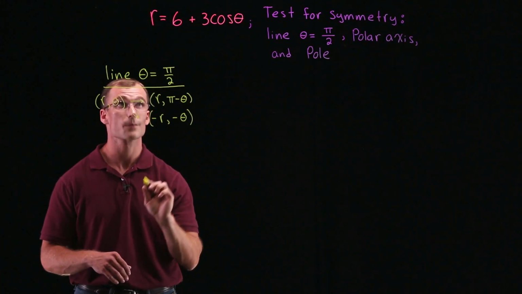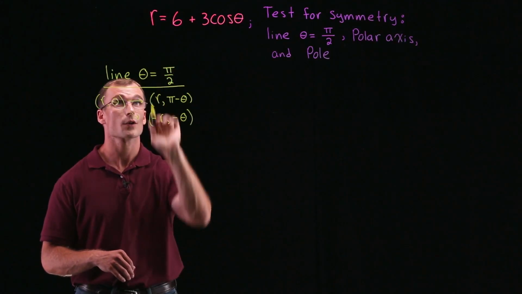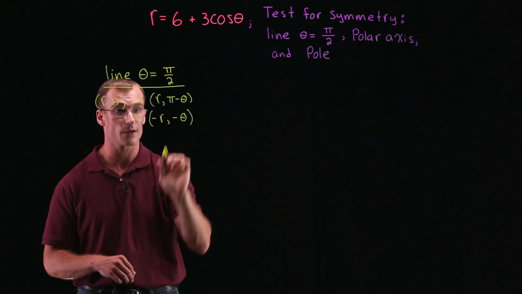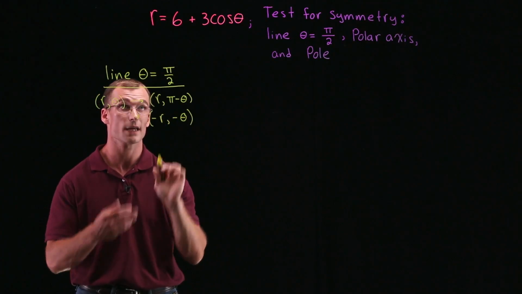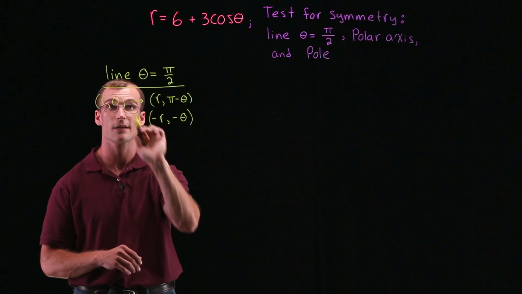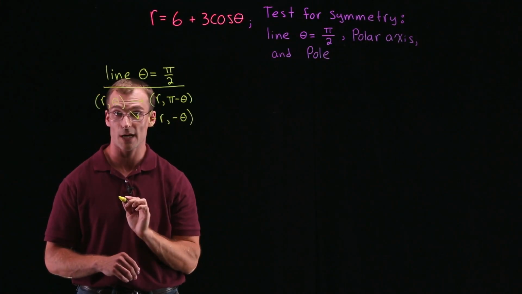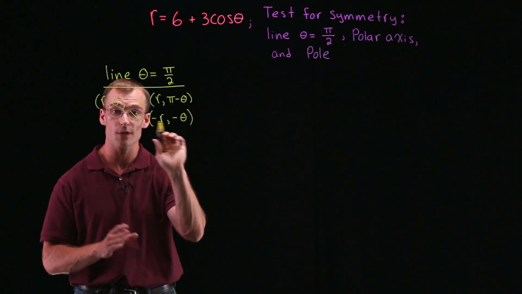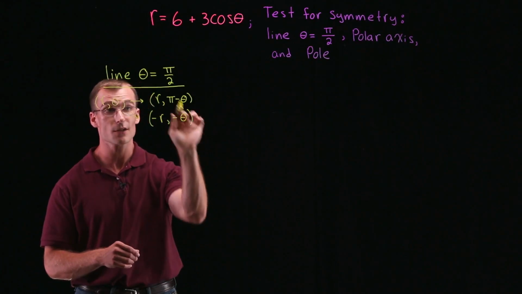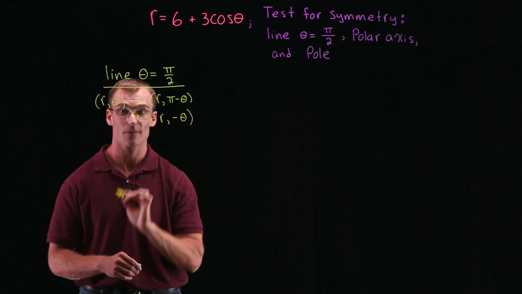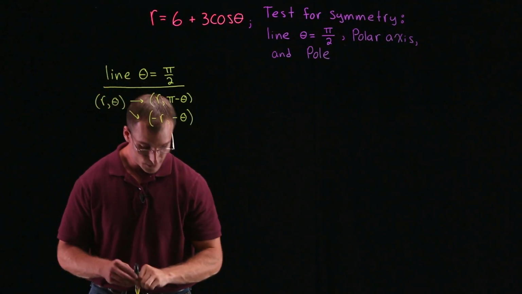In our equation, we replace r and theta with the given values, and if after some simplification we get the same equation back, we know it's symmetric with respect to that given line, here theta equals pi over 2. If it works for one point, we don't have to check the other. But if it doesn't work for one point, we'll check both, because it could work for one or the other, as we'll see.